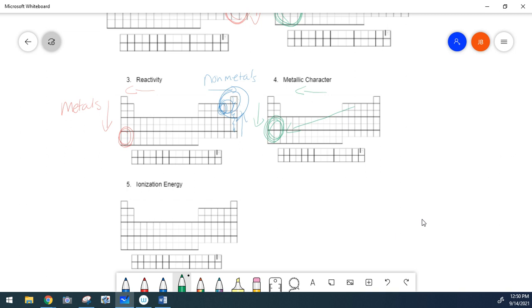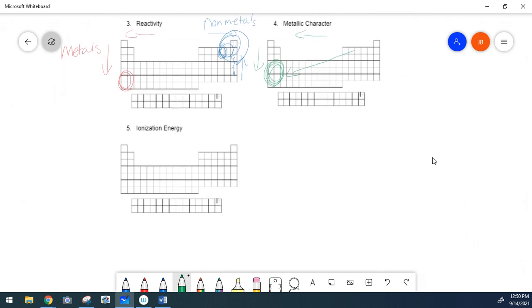All right, so ionization energy. That means it's hard to take the electron. So where are the hardest ones to take the electron from? Yeah, the hardest ones are going to be right there, right? Because remember, they hold on really tight.